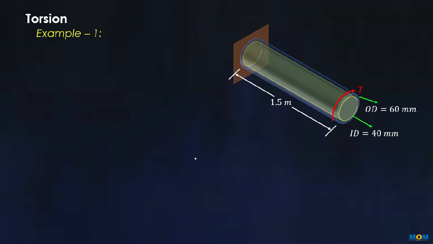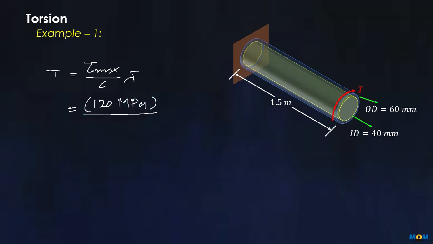Now using these values in the expression, T is equal to tau max upon C, J, and tau max, that is 120 megapascal, upon, in this case we will take the outer radius, that is 30 millimeter, and 1.02 into 10 raised power minus 6 m raised power 4 is the polar moment of inertia.